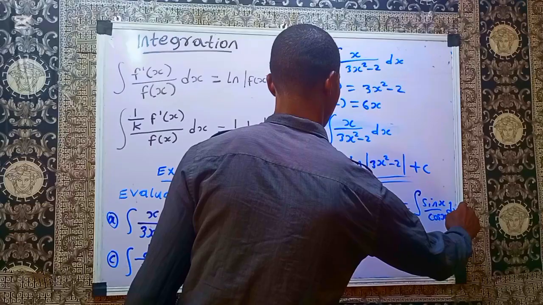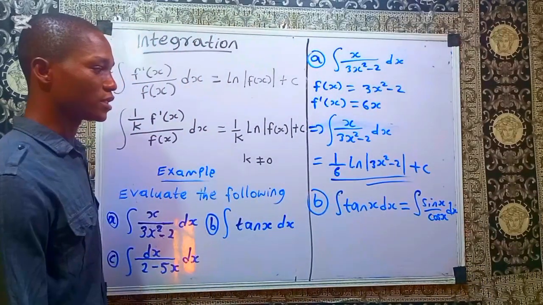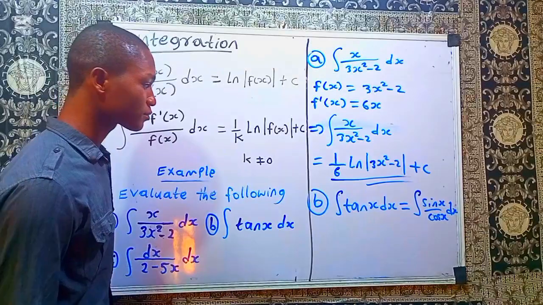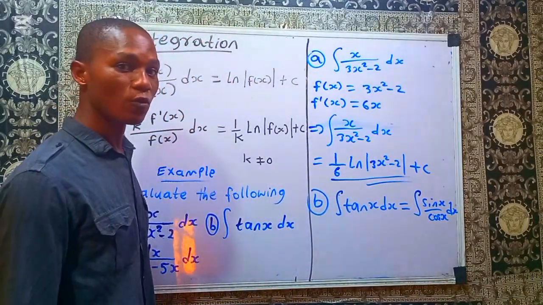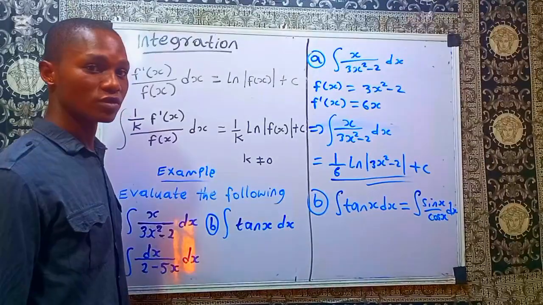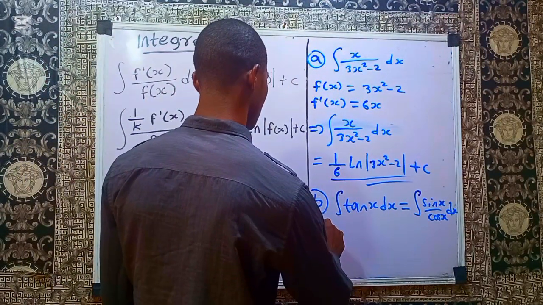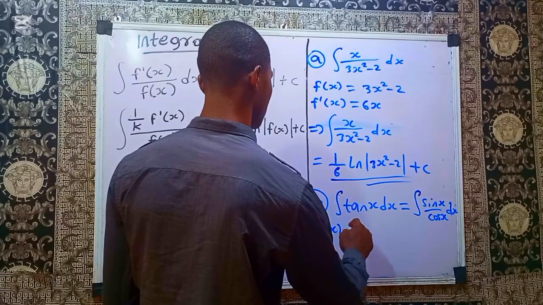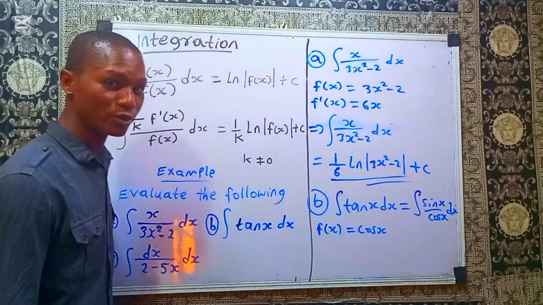So we are integrating sin x divided by cos x with respect to x. What is at the denominator? Cos x. So we have that f of x is equal to cos x.